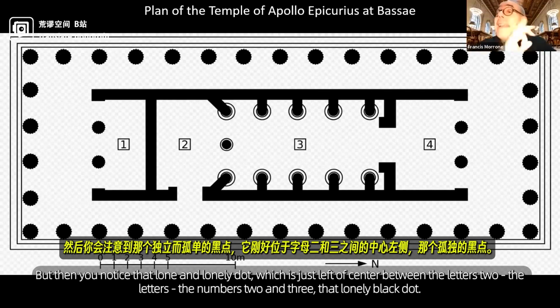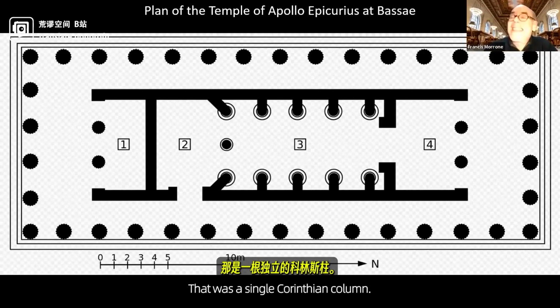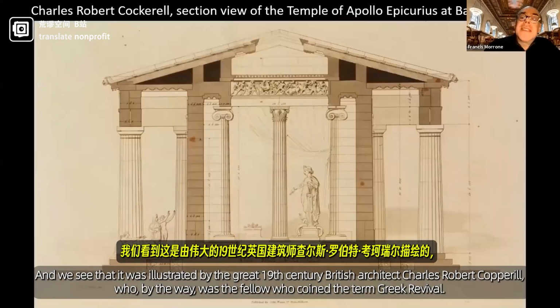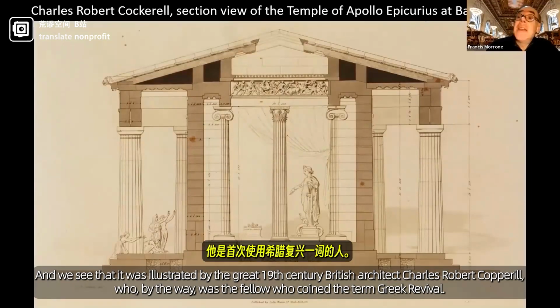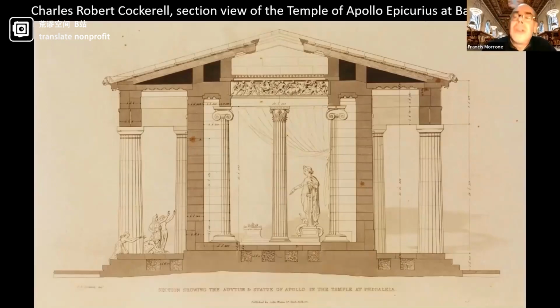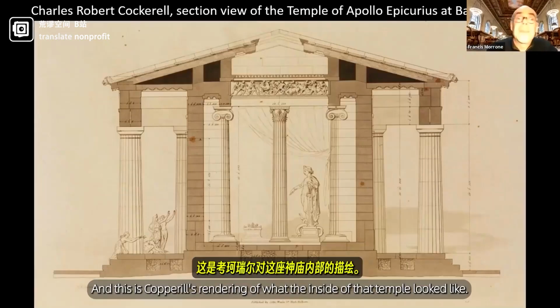That lonely black dot was a single Corinthian column. And we see that it was illustrated by the great 19th century British architect Charles Robert Cockerell, who, by the way, was the fella who coined the term Greek Revival. First known use of the term Greek Revival was in a speech or a lecture by Cockerell.